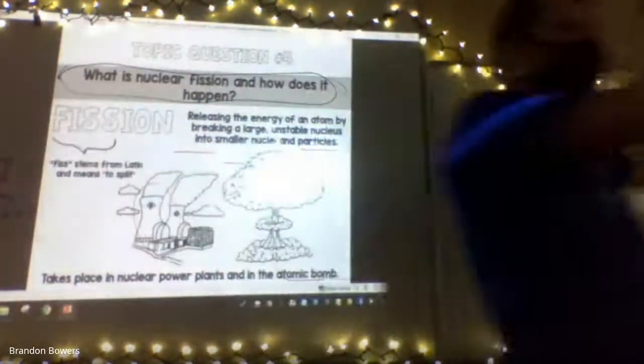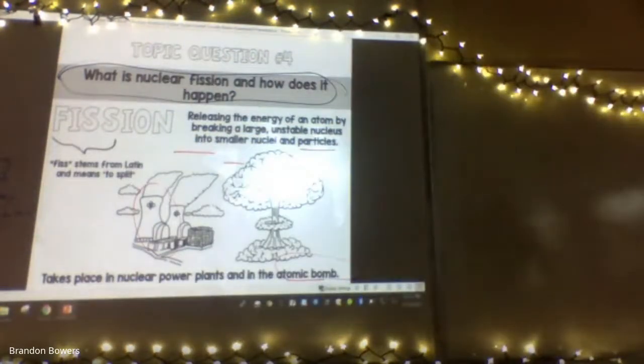We know what fusion is. We solved that question. Now, if you think about it, fusion was fusing two things together. What do we think fission is going to be? Taking things apart. That's exactly right. We're going to take some things apart.